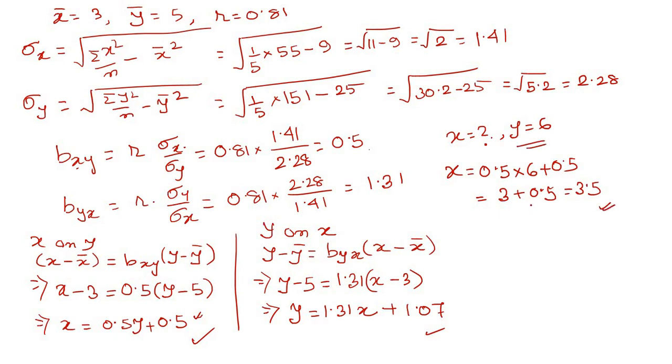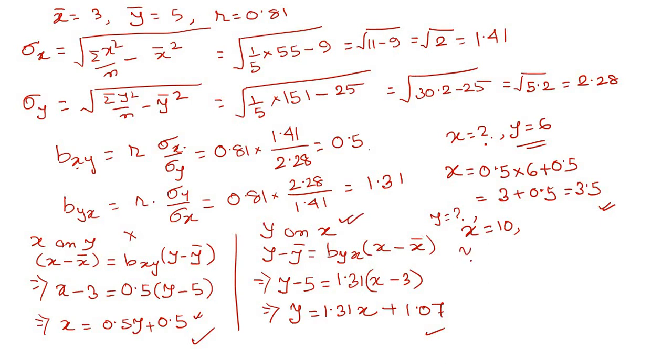So this is one way. And then they have also asked us to find the value of y when x equal to 10. That means y is not known, and x equal to 10. Now for this we want to find the value of y, so we will not use this equation. Rather we will use the y on x equation.